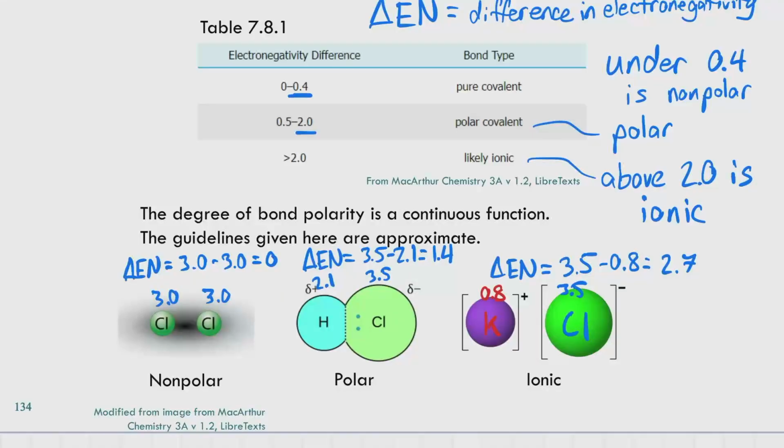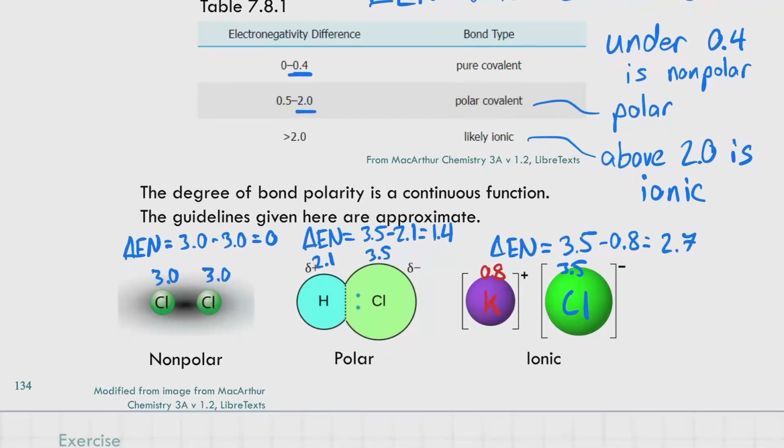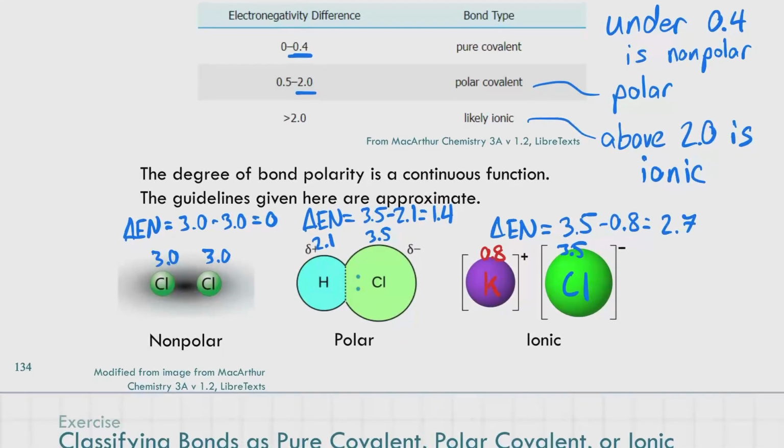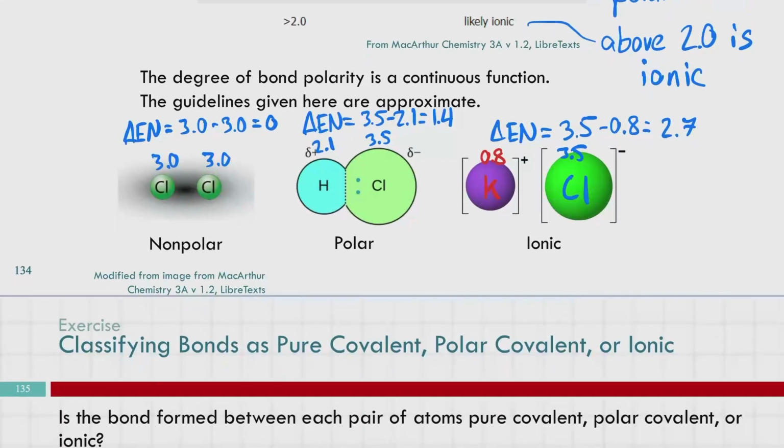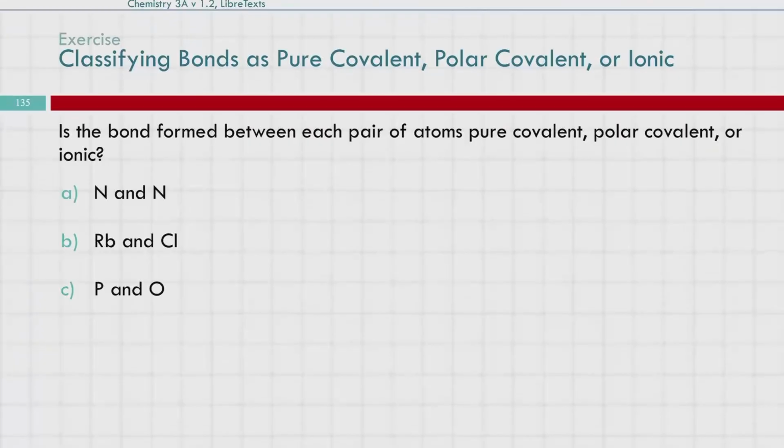Questions about any of this so far? Because we're going to do some more building. Okay. Exercise. We love exercise. Classifying bonds. Classify these bonds as pure covalent, polar covalent, or ionic.